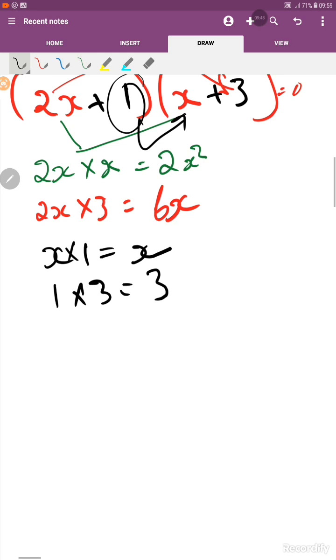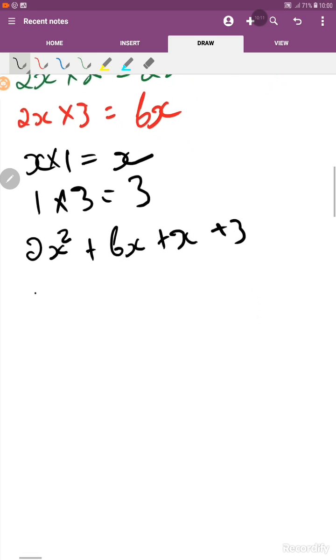Since we know that, put this thing in quadratic order. Then you're going to say, here we are just proving. This step is not necessary when you factorize. We are just proving if you're correct. Therefore you're going to say 2x squared plus 6x plus x plus 3.